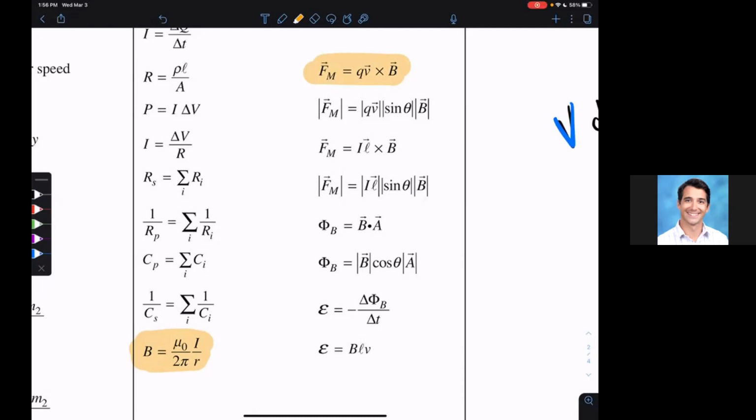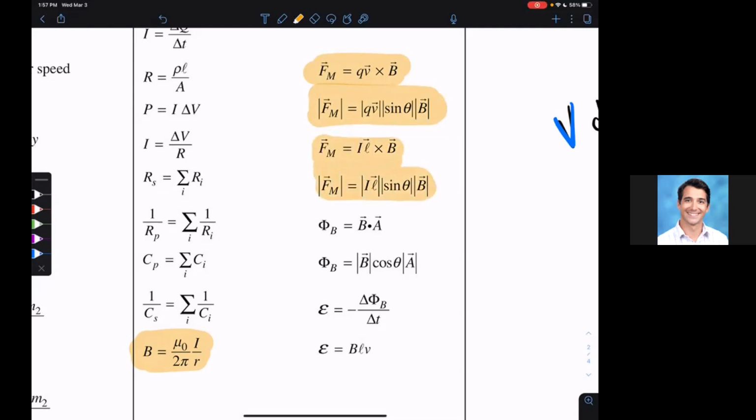So this equation is exactly the same as the equation right below it. But they're just doing the cross product for you. We'll talk more about it when we get there, but I'm just highlighting that those two equations are linked together. All right, and we see another cross product here, and right below it, they're doing the cross product for you.